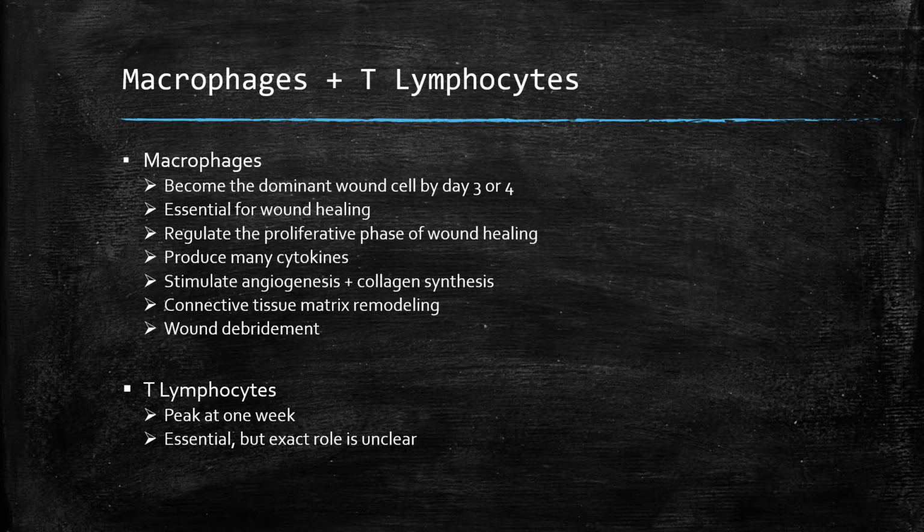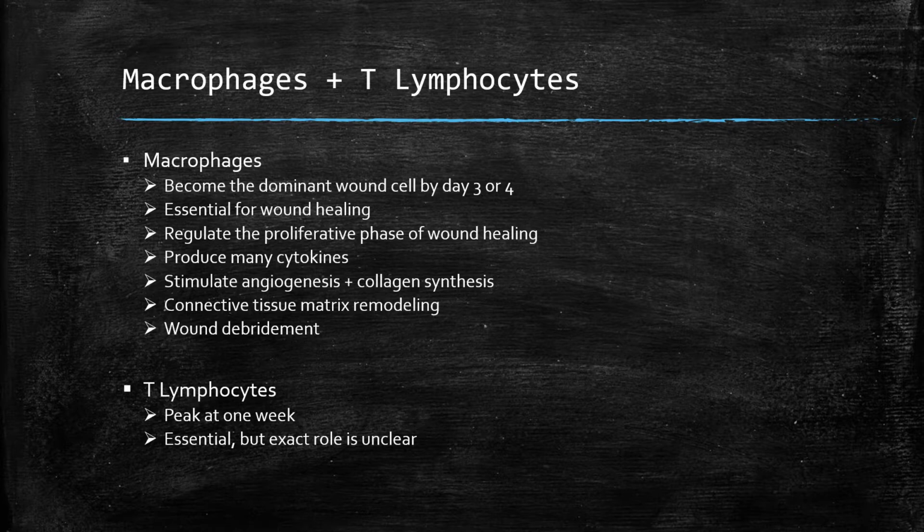Macrophages carry out these oversight activities by producing many different cytokines. Some of the important activities under macrophage control include angiogenesis and activating fibroblasts to secrete collagen and wound tissue matrix. Macrophages also continue to serve a wound debridement function as well.